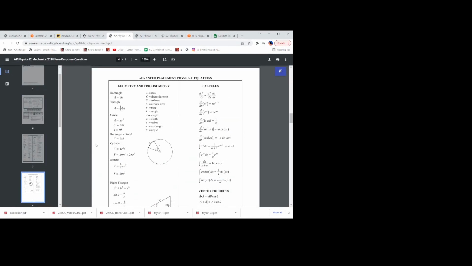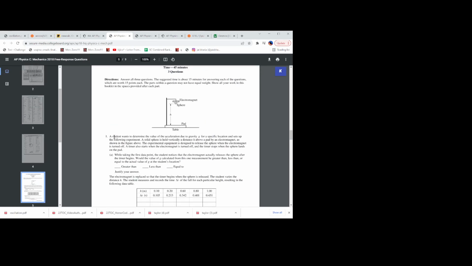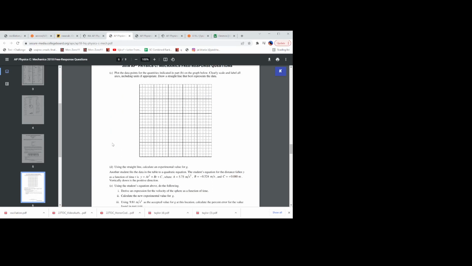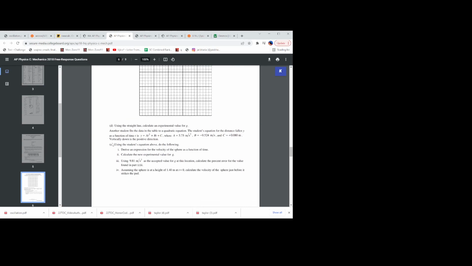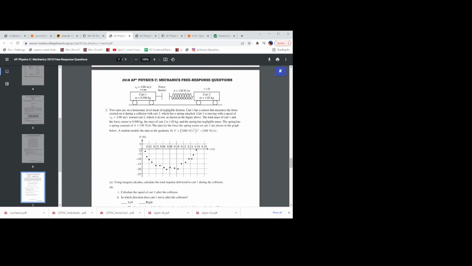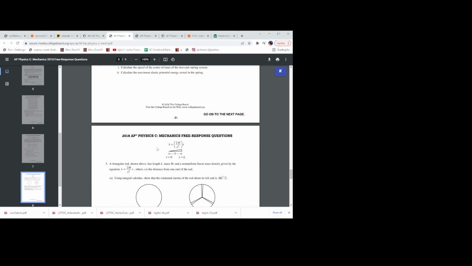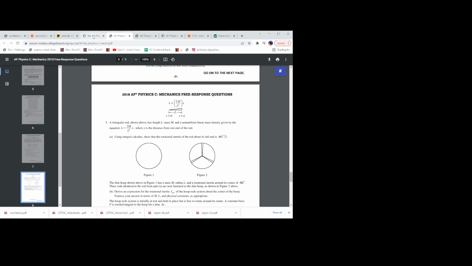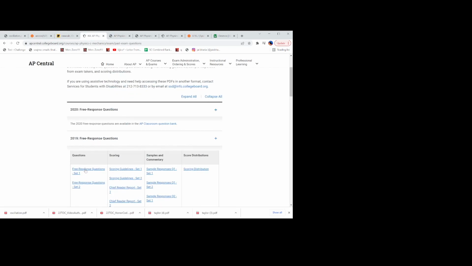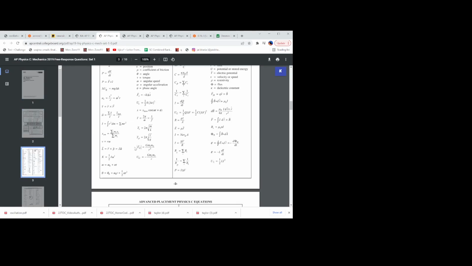So it's kind of interesting how oscillation has gotten more popular over the years. That's an FRQ question. Electromagnet? Okay. Does not look like. Oh. No. Sad. Okay, 2019, set 1. Let's go.